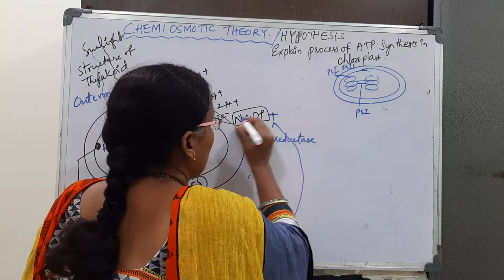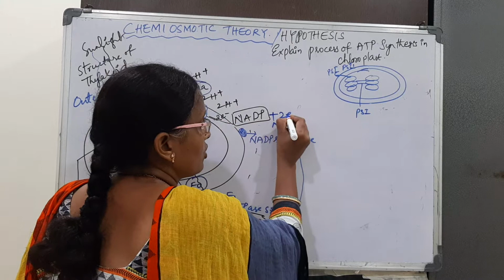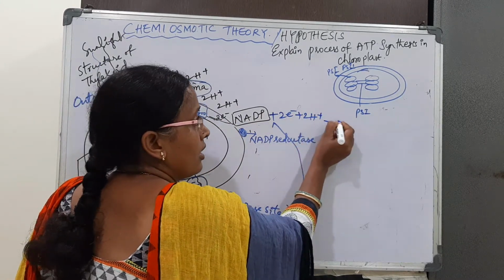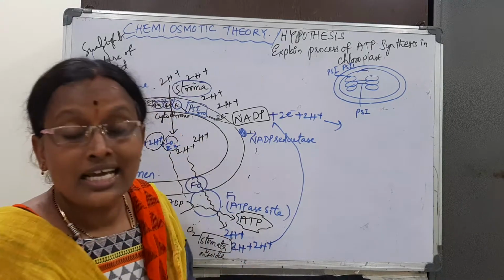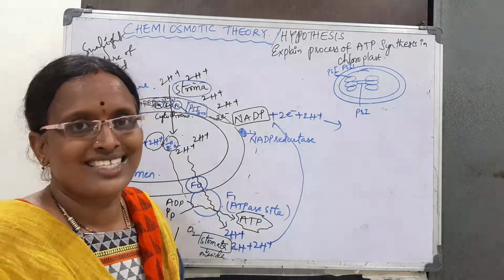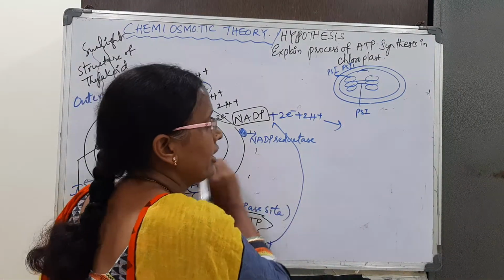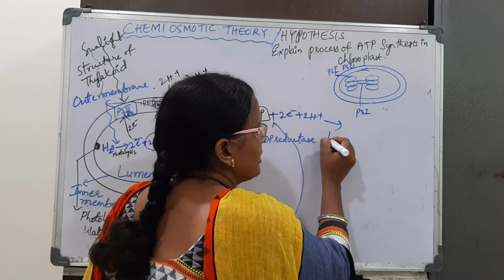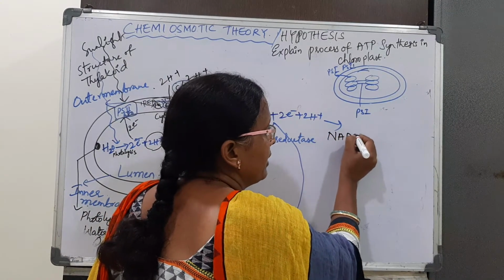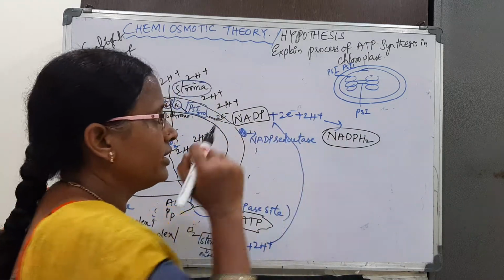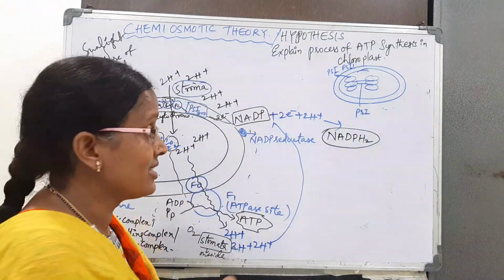So it takes the electrons from photosystem 1 and the protons, in the presence of the enzyme NADP reductase, and converts NADP into NADPH2.